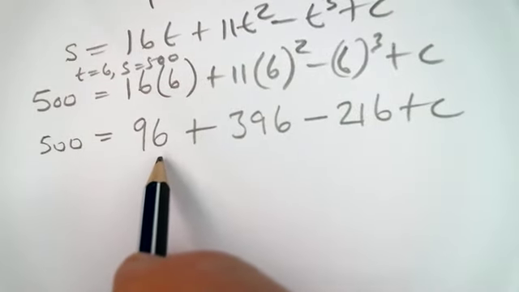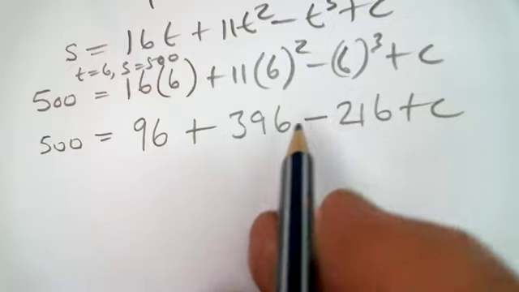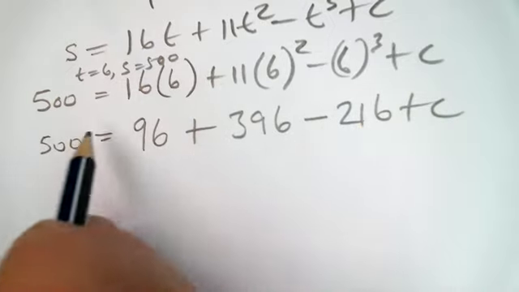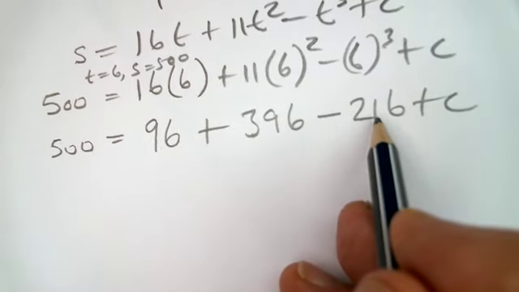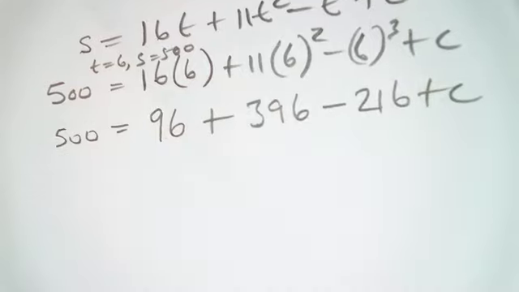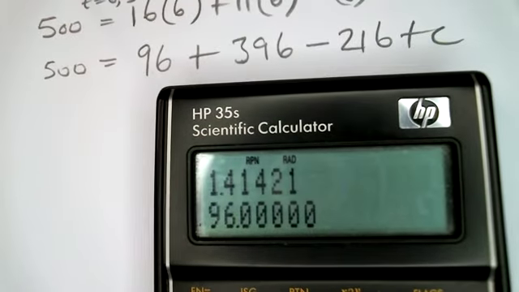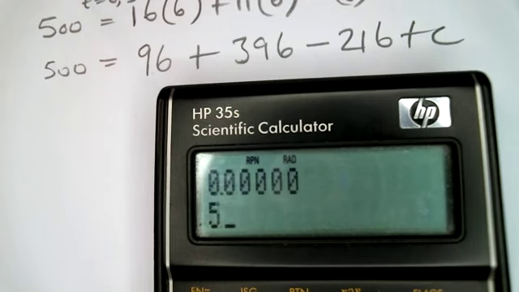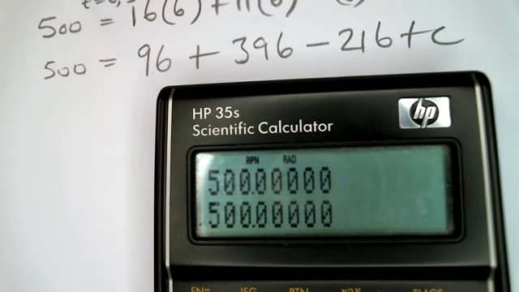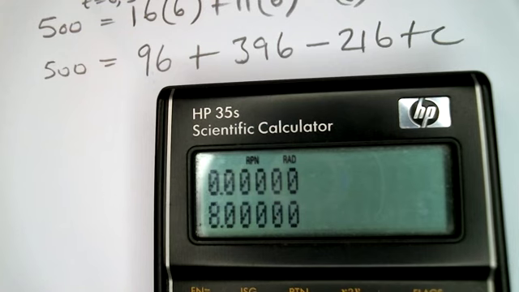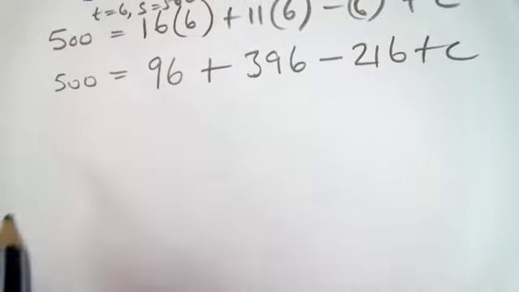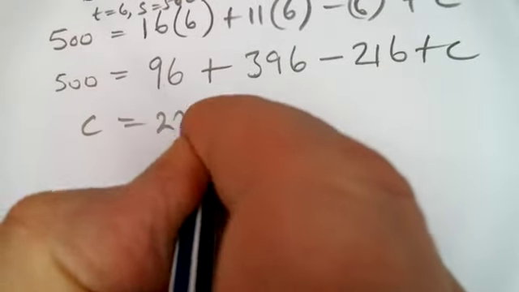So I'm going to take the 96 off 500, the 396 off it, and add 216 to find the value of c. That gives us 224. So c is equal to 224.